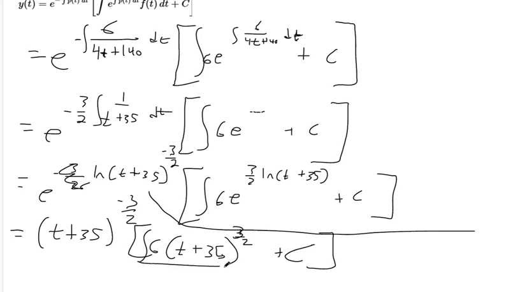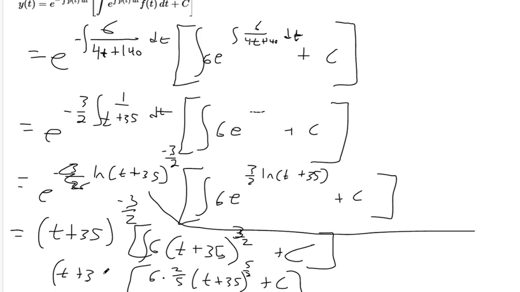So we need to evaluate that integral. When we evaluate an integral, the power goes up by 1, so that's going to be 5 halves. We need to multiply it by the reciprocal, though, so that's 2/5 times t plus 35 to the 5 halves, plus that arbitrary constant c, and that's all being multiplied by t plus 35 to the negative 3 halves on the outside.